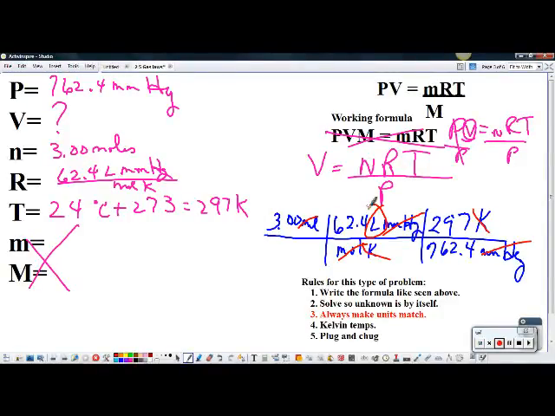Now, suppose that I read this and it said collected over water. Collected over water? Got that water word in it. So that would mean that I have to subtract the water vapor pressure from the pressure that was given. Because all of these are the one conditions. You have P1, V1, and T1.